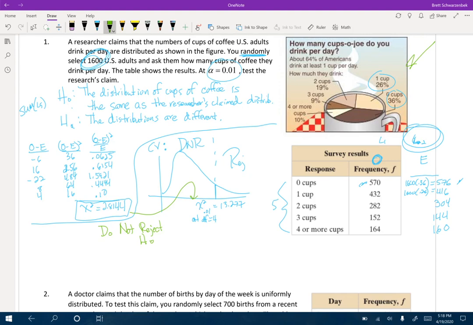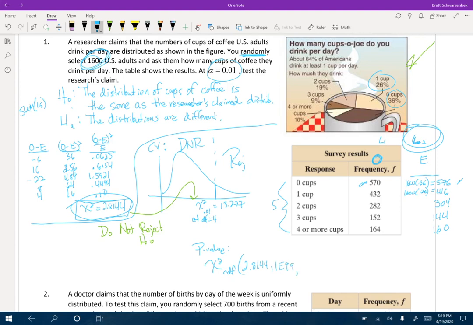Now that's the critical value method. So what about the p-value method? We would use chi-square CDF on our calculator. We would take our test statistic and find how much area there is to the right of it in a chi-square curve with 4 degrees of freedom.